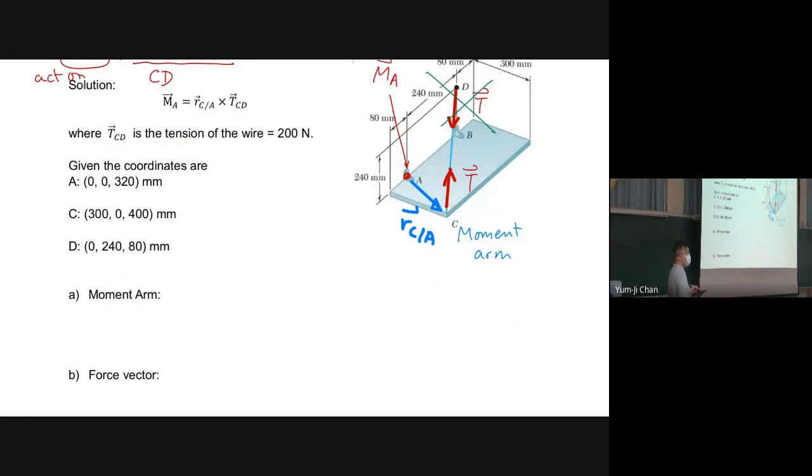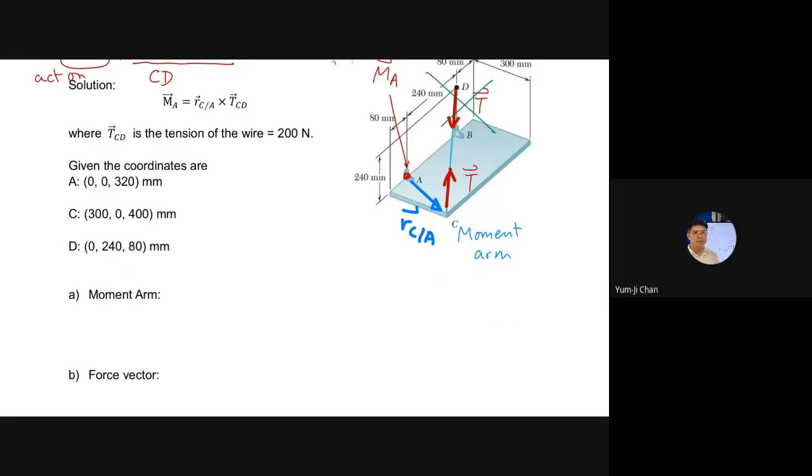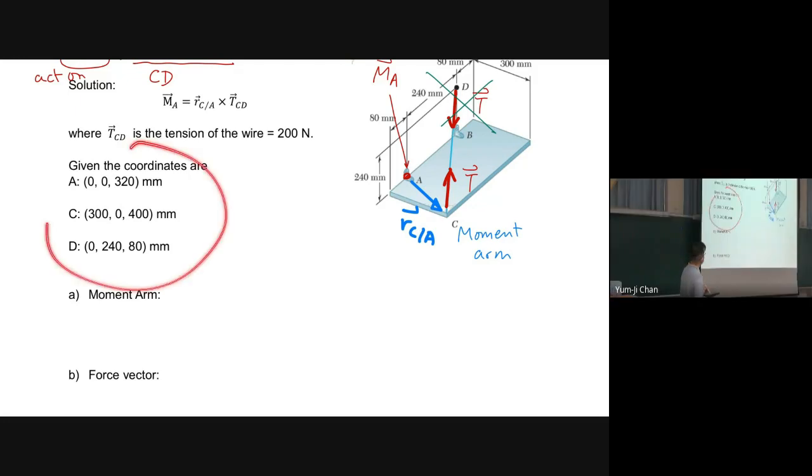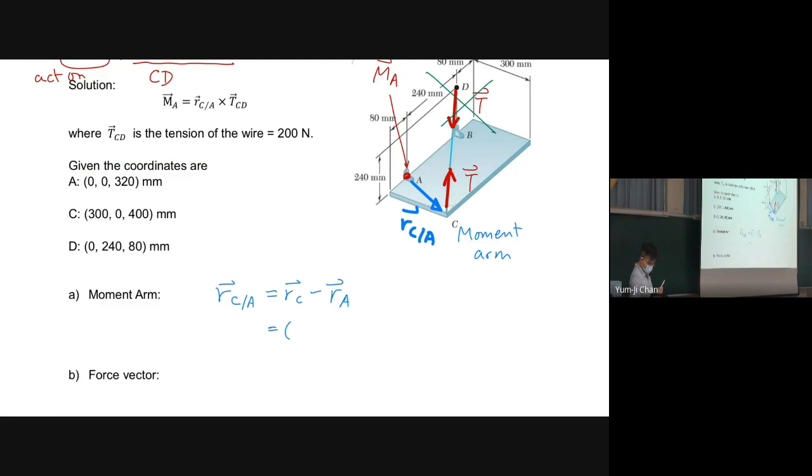Now, the coordinates of points A, C, and D are these three. Therefore, the moment arm is R_C with respect to A, equals R_C minus R_A, which is 300 i plus 0 j plus AC k millimeters.